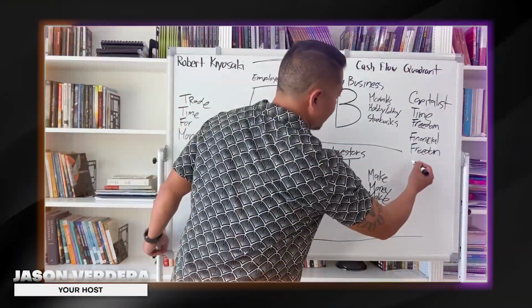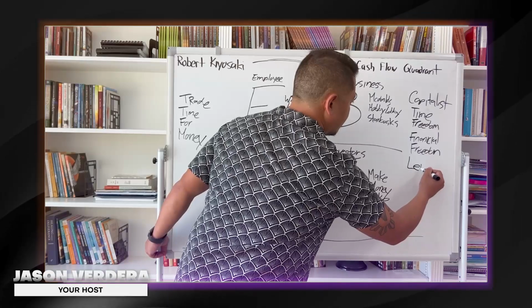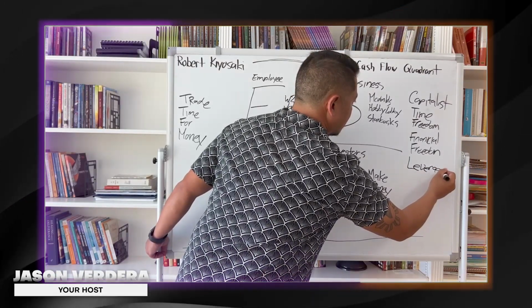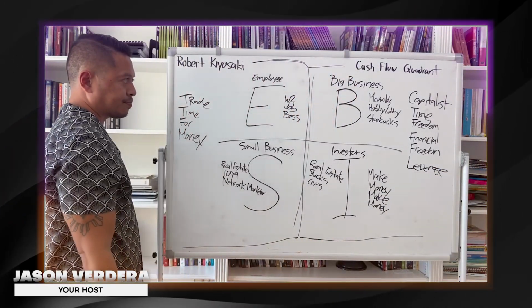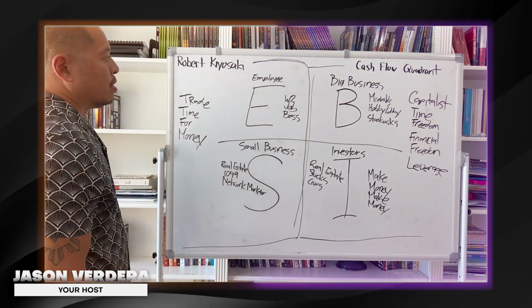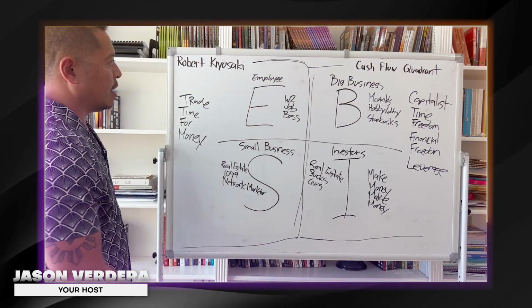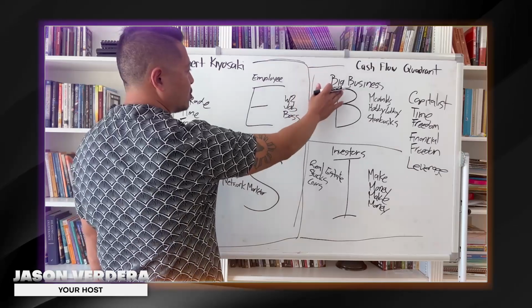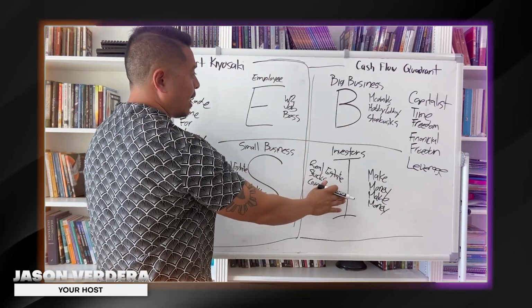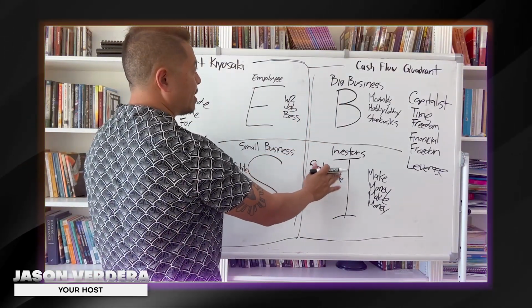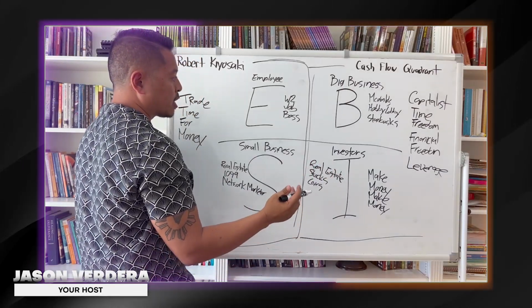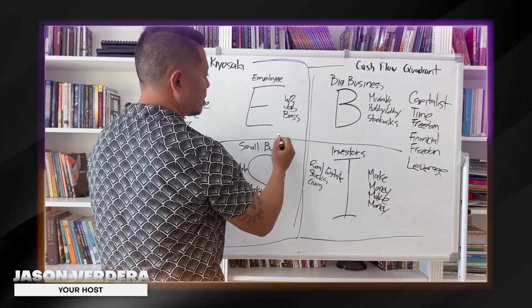But what this side also has is leverage. So if you're here or here, how do we make the jump eventually over here? We're going to explain how to make the shift to this side.